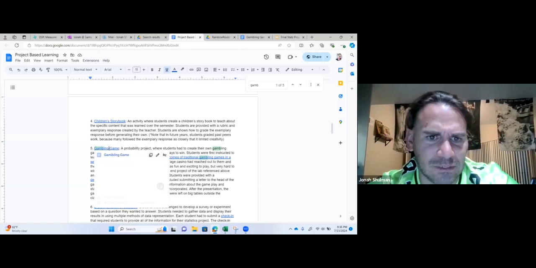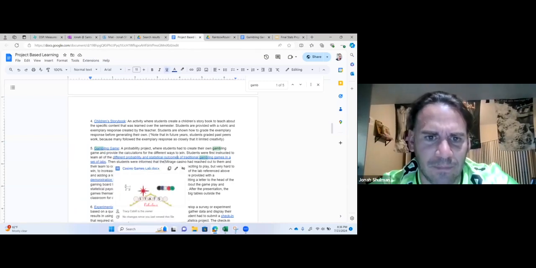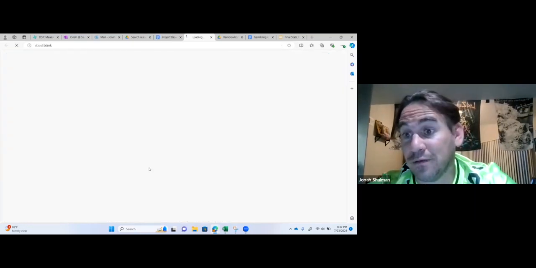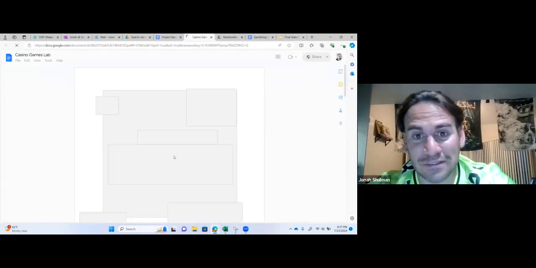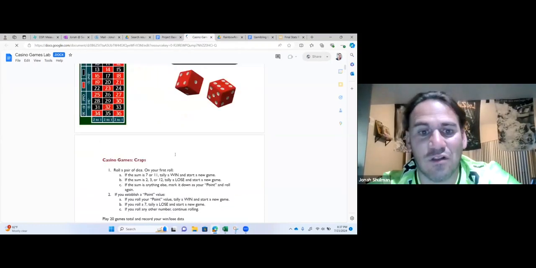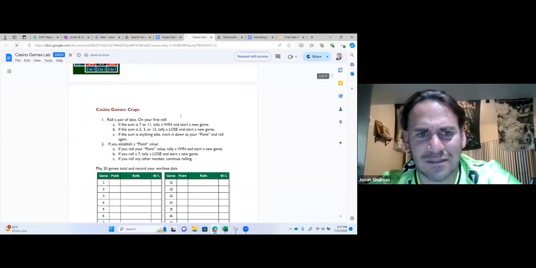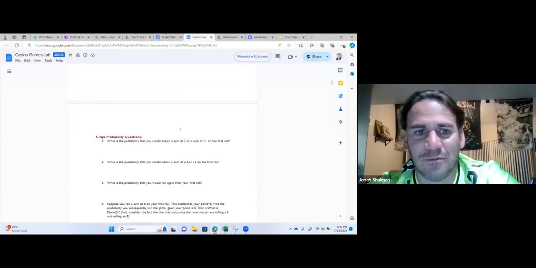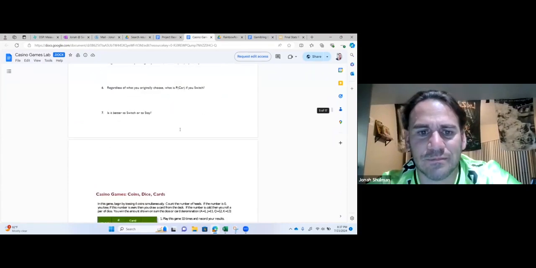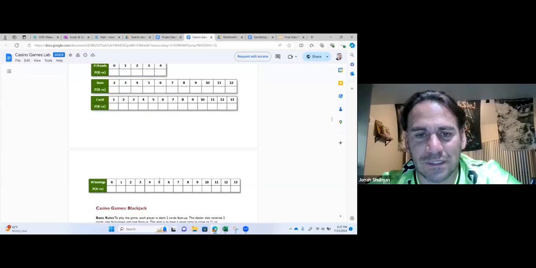Here are the labs. They first got to actually play all these games, and that's what they did to find each probability and all of their central tendencies. They got to learn how to play craps and all the probabilities for craps. They got to do the Monty Hall problem. They got to work with coins, dice, and cards.